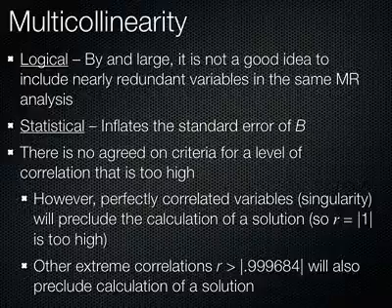And from a statistical perspective, highly correlated independent variables inflate the standard error of B. And what problem will that cause? So highly correlated independent variables inflate standard errors, which would cause what problem? What do we use standard errors for?